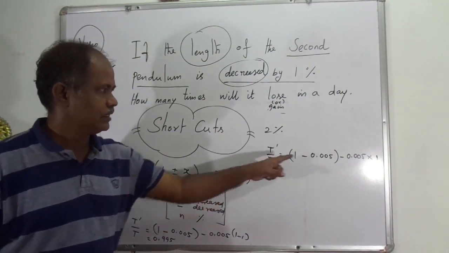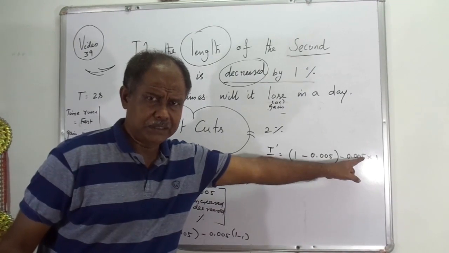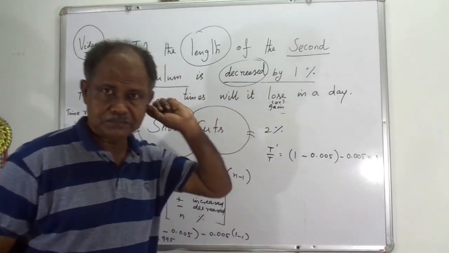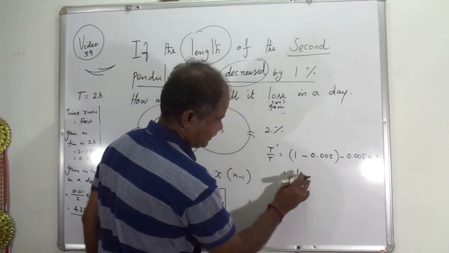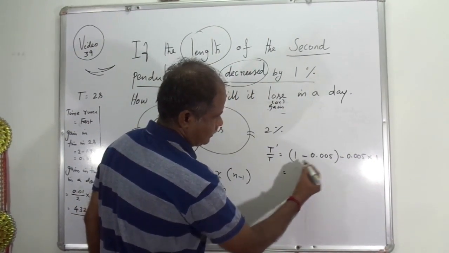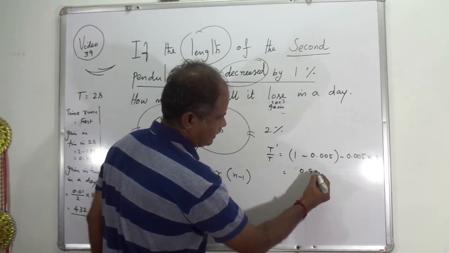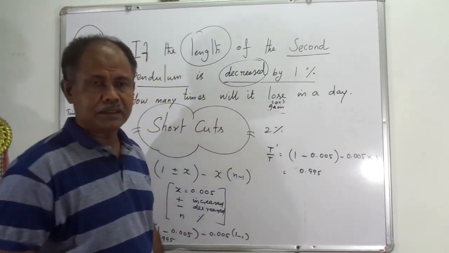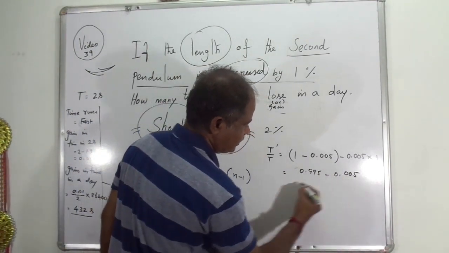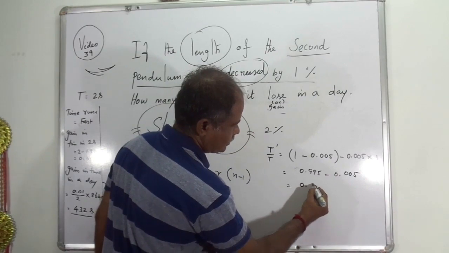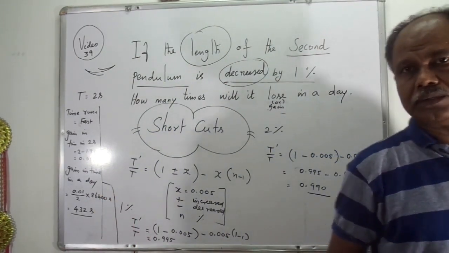That is 1 minus 0.005, which is 0.995, minus 0.005, which is 0.990. Okay, this is for 2%.